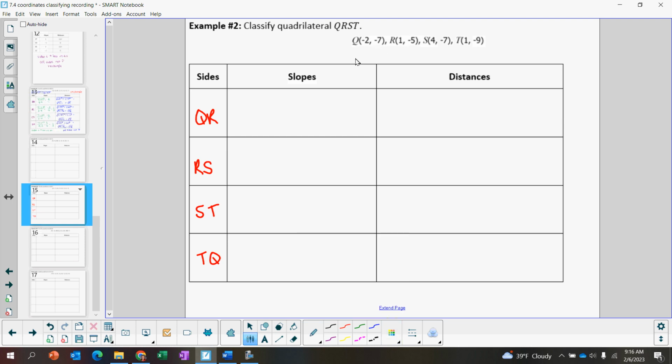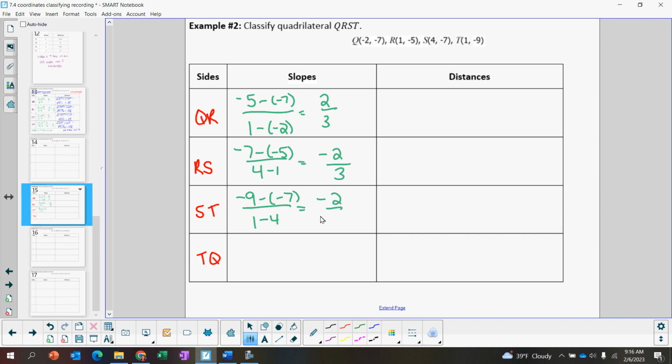So slopes: negative 5 minus negative 7, and 1 minus negative 2. So negative 5 plus 7 is 2. 1 plus 2 is 3. Then negative 7 minus negative 5, and 4 minus 1. Negative 7 plus 5 is negative 2. 4 minus 1 is 3. Then negative 9 minus negative 7, and 1 minus 4.